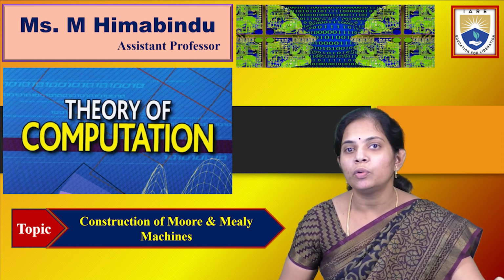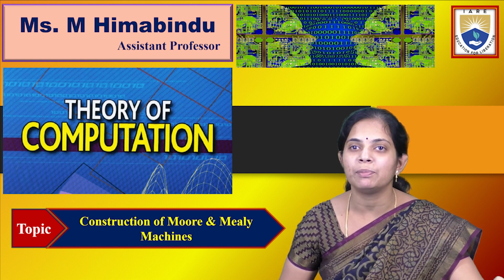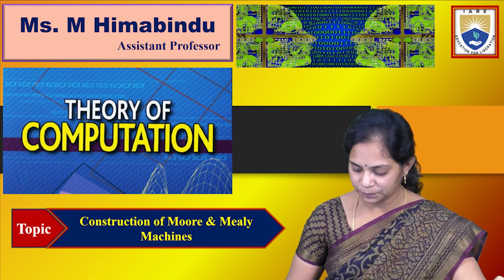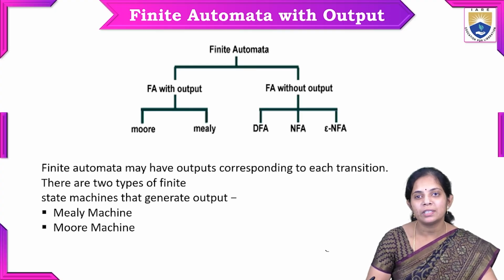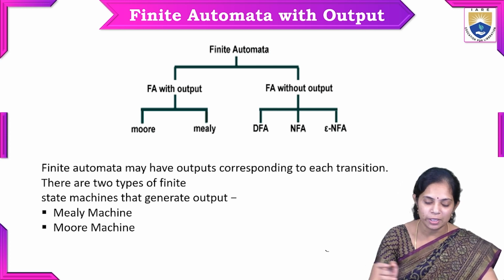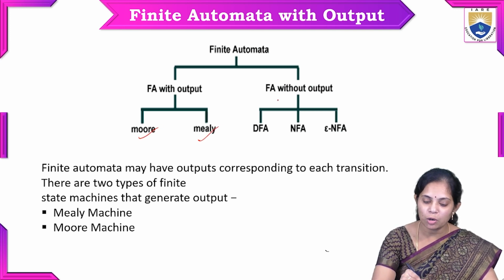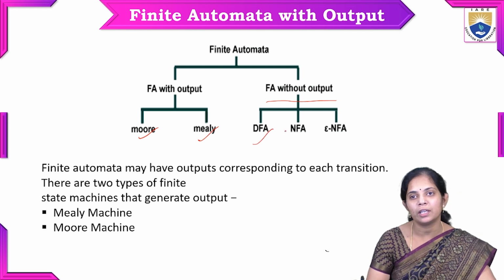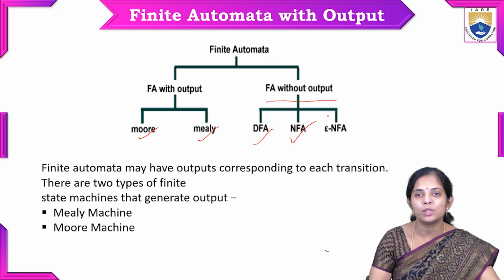Today in this video, we would like to explain about the construction of Moore machine and Mealy machine with examples. So here we already know that a finite automata has with output and without output. With output, it has two types of machine: one is the Moore machine and one is the Mealy machine. And for the without output finite automata, we discussed the DFA, deterministic finite automata, non-deterministic finite automata, and epsilon NFA.